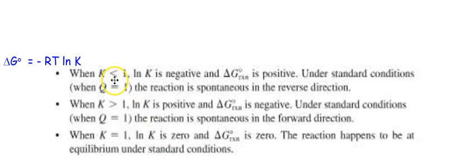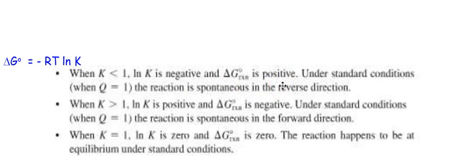When K is a small number, what is the natural log of K when K is less than 1? If you punch into your calculator the natural log of 0.2, it's a negative number, isn't it? So what's a negative times a negative? It is positive. So when K is less than 1, ln K is negative, therefore delta G naught is positive.